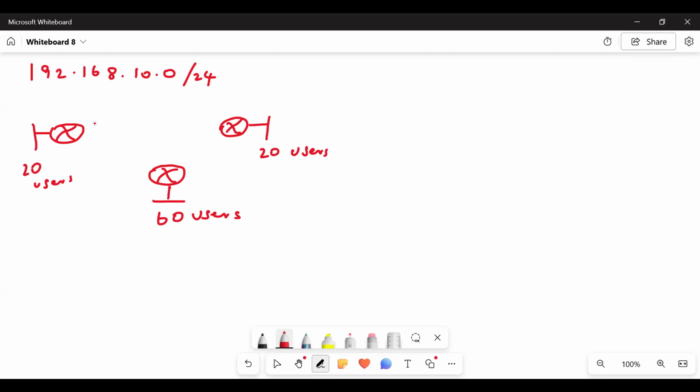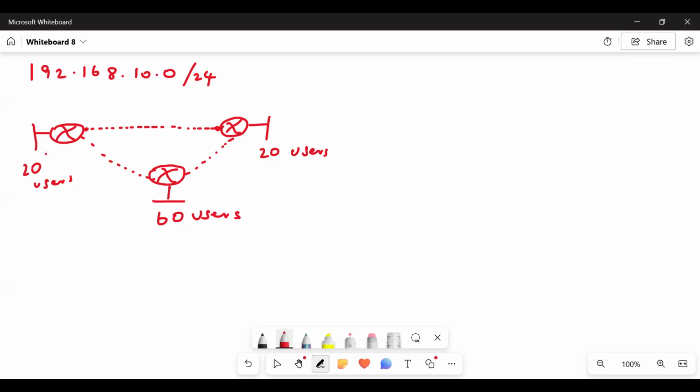All these are connected using crossover links. So this is the given large network.